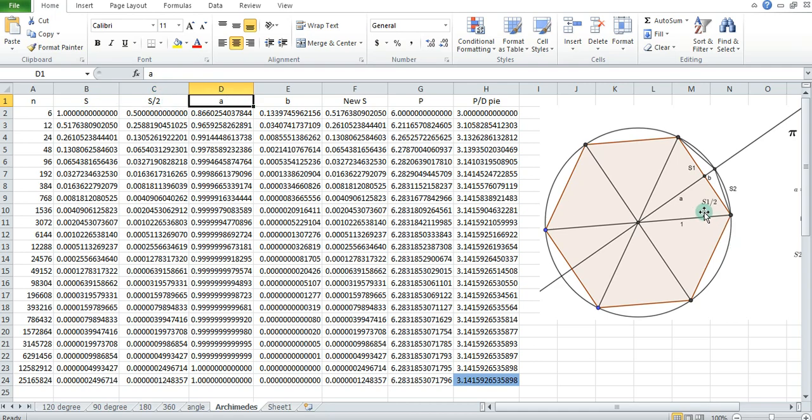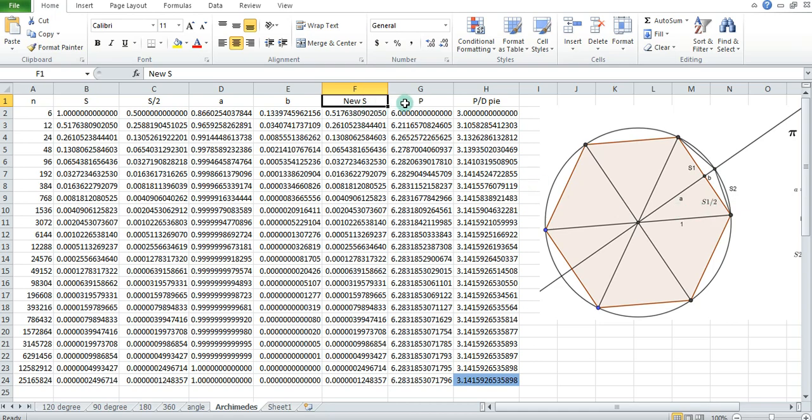A, I already told you that A is this length. B, you know B is this small length. The new S is the new polygon, the new double-sided polygon's one side length.